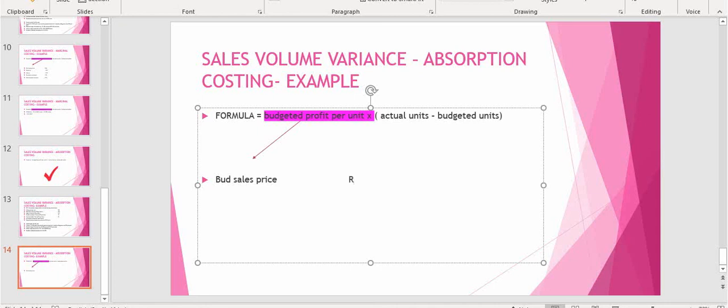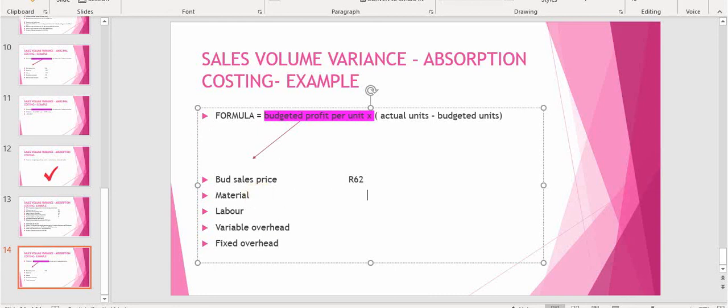Then we minus the material. I think that was 20 Rand. And the labor, the budgeted labor, and the variable overhead. And now we also minus the fixed overhead. And we did not do this when we calculated marginal costing.